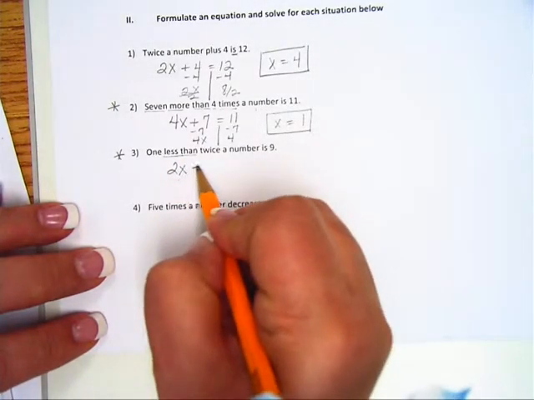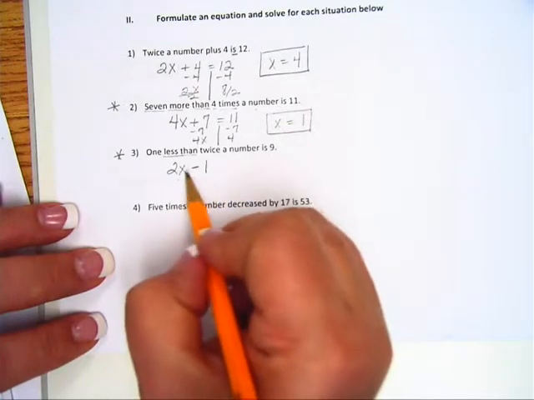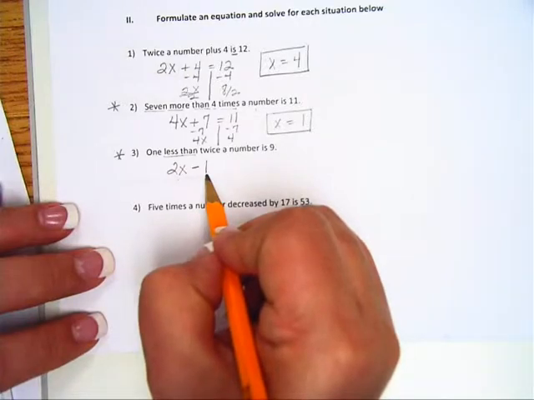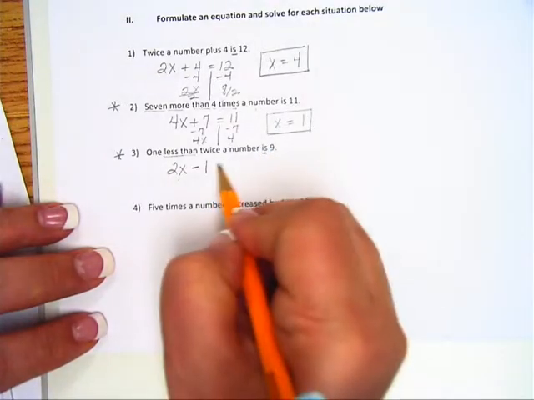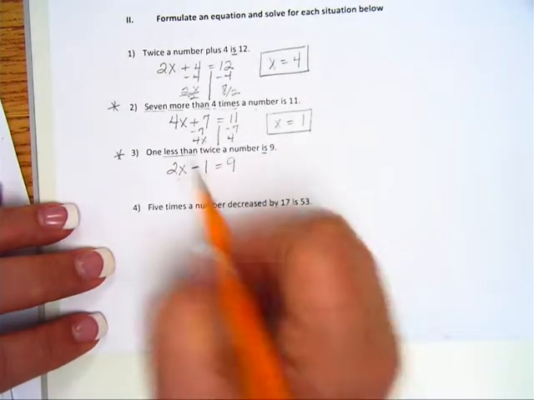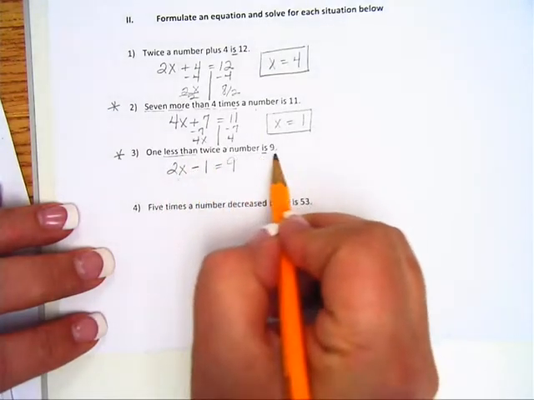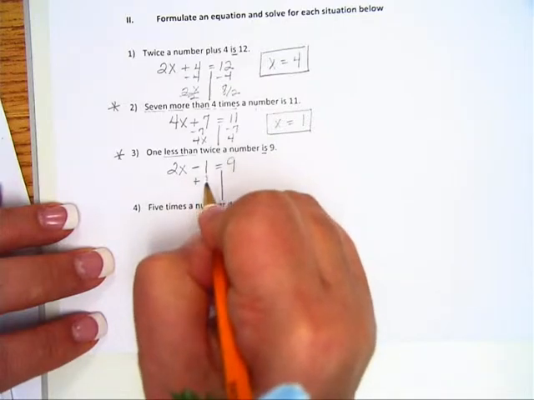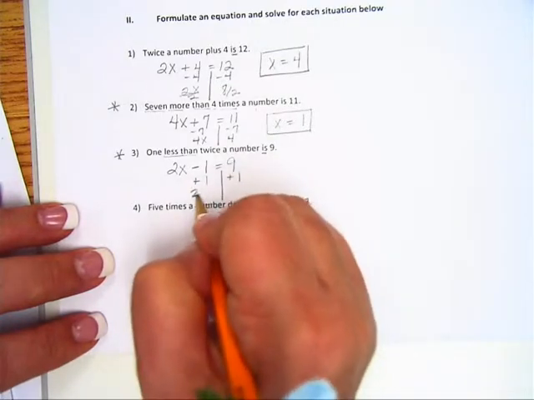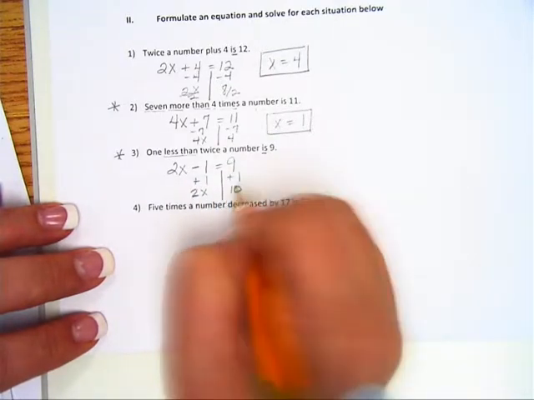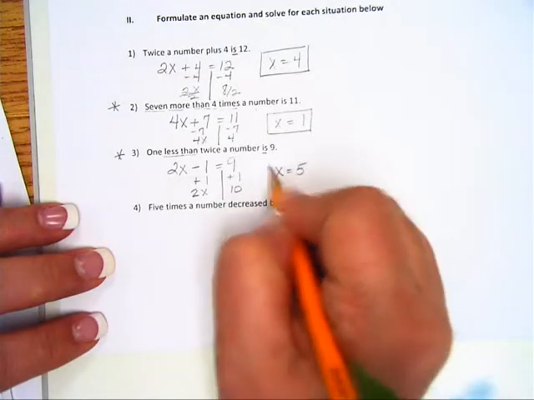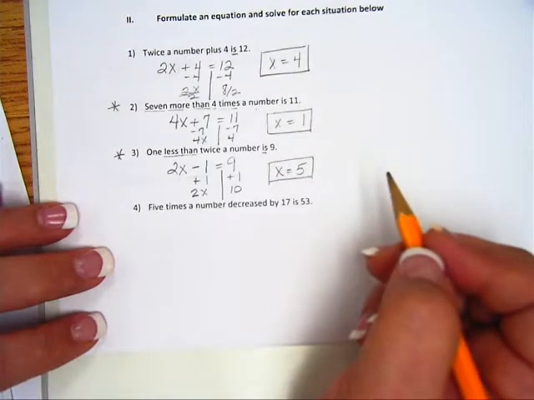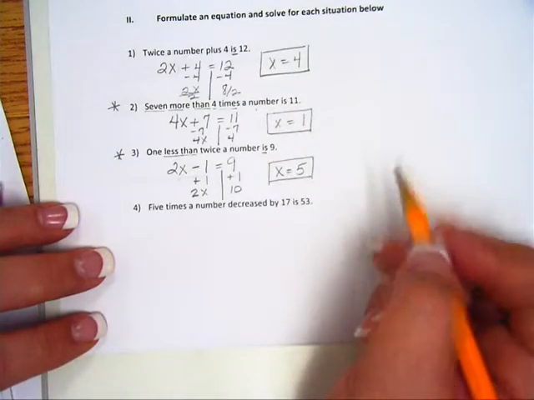Well, we subtract 1. So 1 less than twice a number looks like this. And then what does it equal? Remember, is equal. It equals 9. Now we solve. Plus 1, 2x is 10, x is 5. Again, stop the video, work that slowly, come back and make sure you've done it correctly.